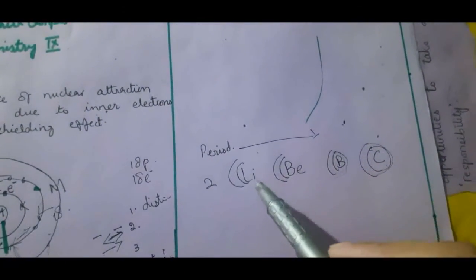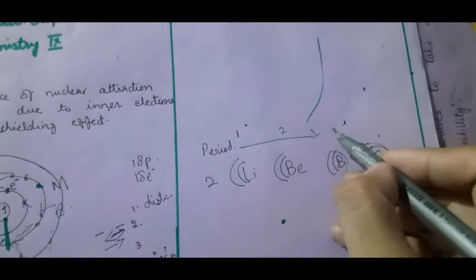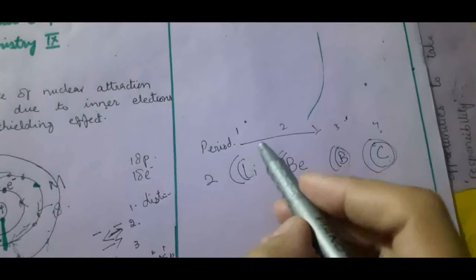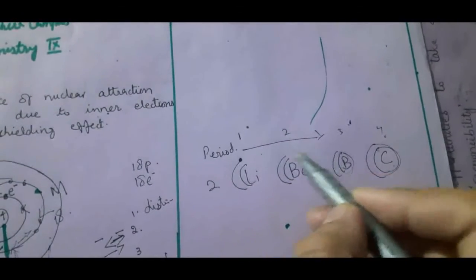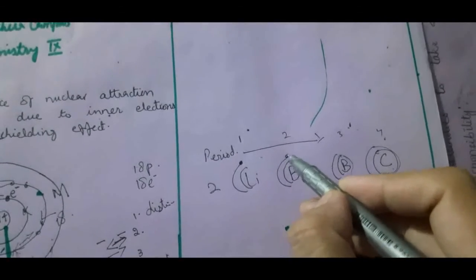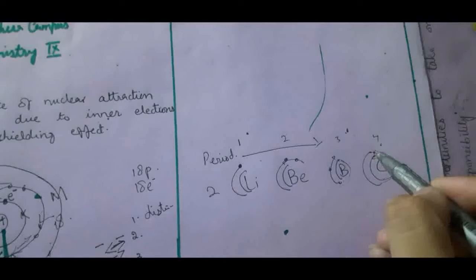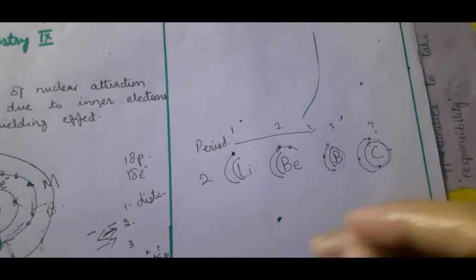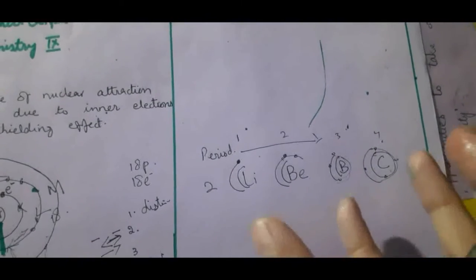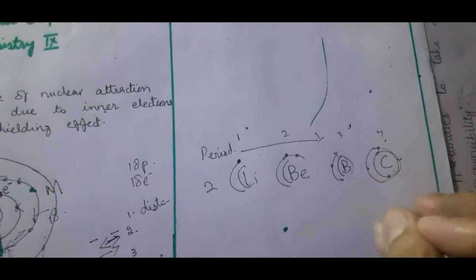As this is group 1, group 2, group 3, group 4, in its valence shell there would be only 1 electron, then 2 electrons, here 3 electrons, here 4 electrons, and so on. As a result, the size of the atom would decrease because there will be more nuclear attraction.